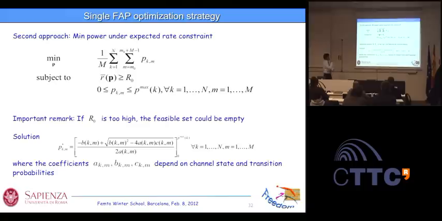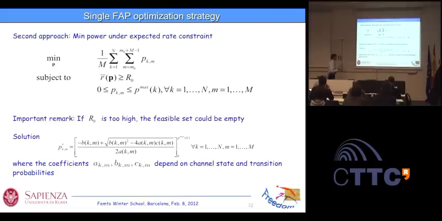The important point is that this makes a difference with respect to the previous case. Even though they look very similar, they are different. Why? Because in this case, we need to check a feasibility condition. If we put a value R0 too large, there could be cases in which there is no power vector P that guarantees that our expected rate will be greater than the value R0 that we imposed a priori.